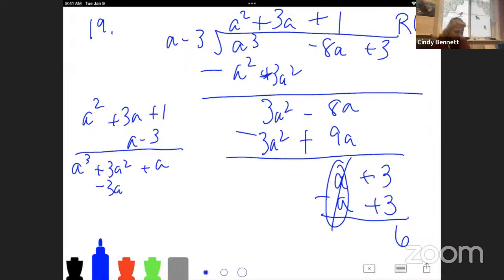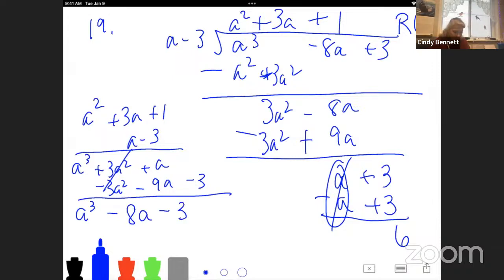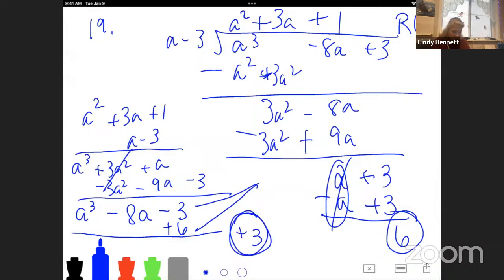Negative 3a squared minus 9a minus 3. So you get a cubed, these cancel out, minus 8a minus 3, okay? Then you're going to add your remainder. When you add your remainder right here, you get positive 3, which is what you have up here. So that answer is correct.